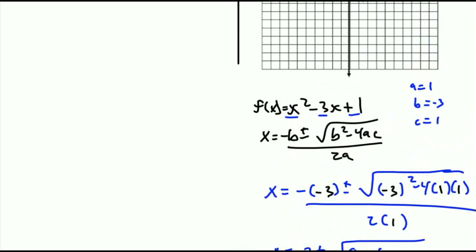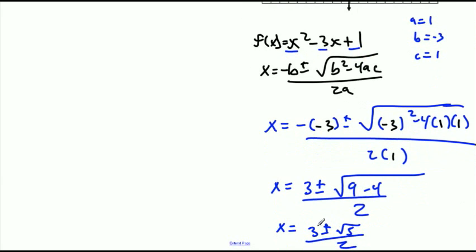You can actually use a calculator to put in 3 plus radical 5 over 2, and that's going to give us our decimal, so that you have a more accurate reading of what it should be. I'm just going to do that real quick here. So 3 plus radical 5 divided by 2.